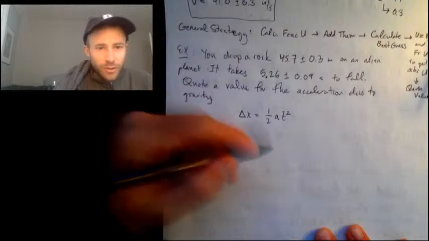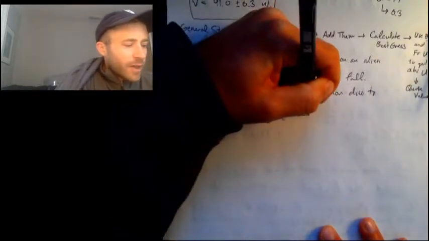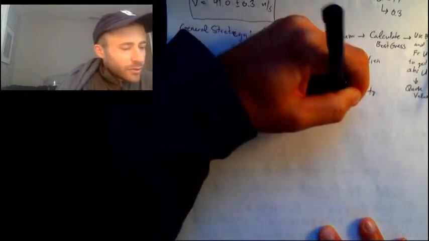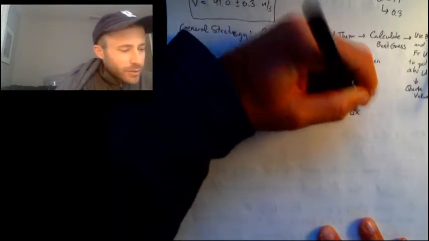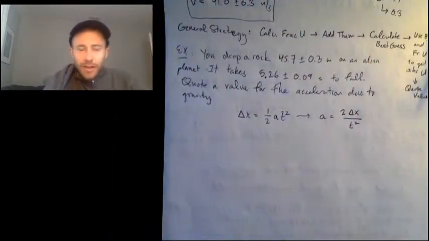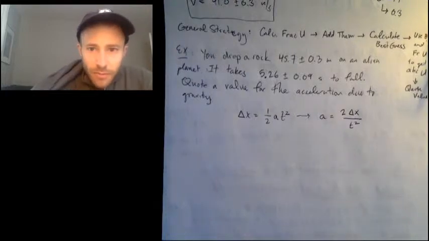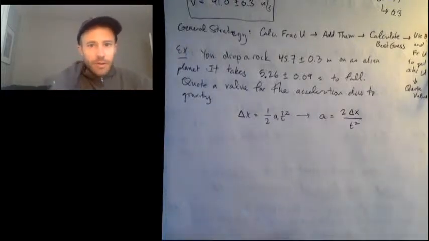So that's the equation you would use to get the acceleration due to gravity. Then if I solve that for the acceleration, I can see that the acceleration is 2 delta x over t squared. So I can see that this involves multiplication and division, all right?